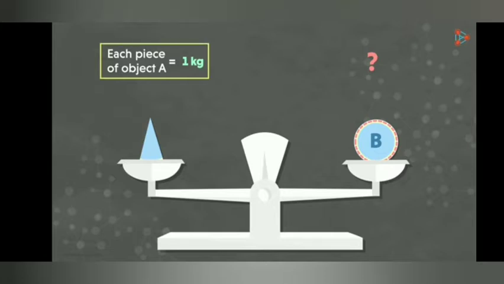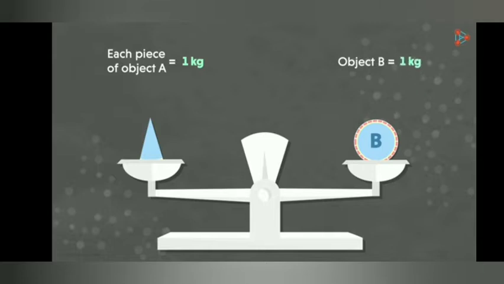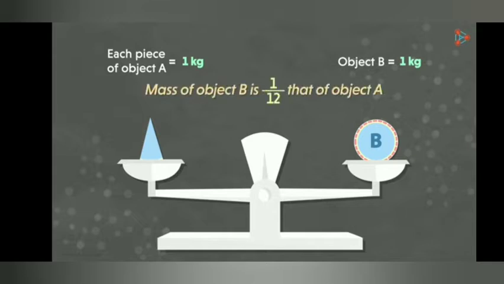Now let us understand the mass of object B. As clearly shown, object B is also 1 kg. How do you calculate this? Yes, the mass of object B is 1/12 of object A. Yes, children, like this, similarly, the atomic mass of an element is calculated using this concept.